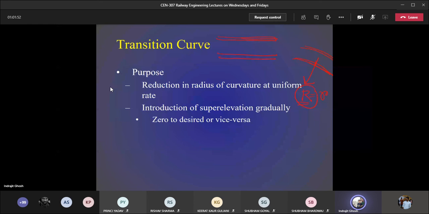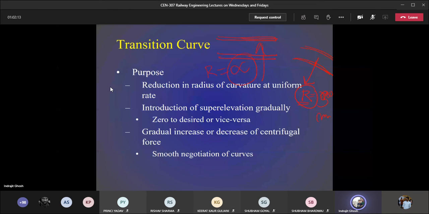So R is equal to, for example, 300 meter. But what is the R value here? R is infinite.